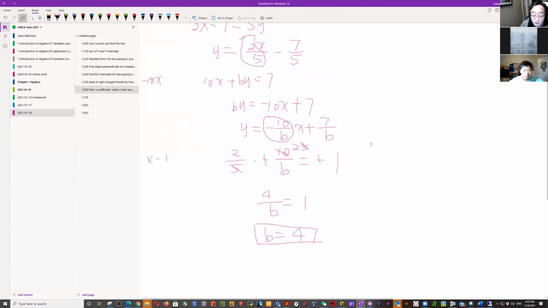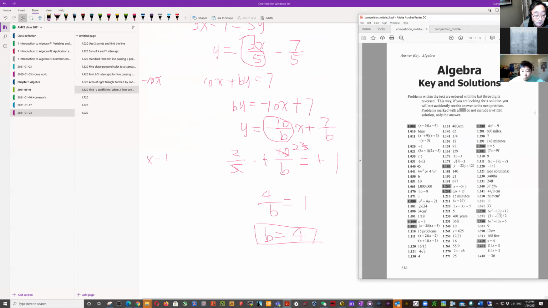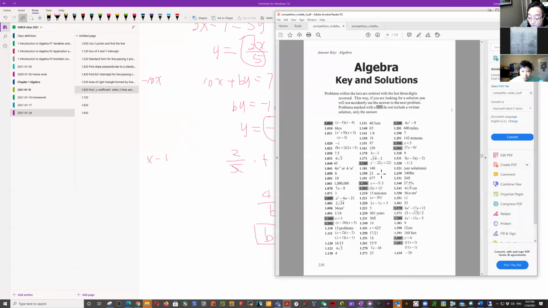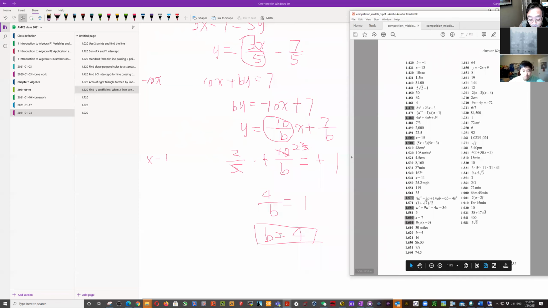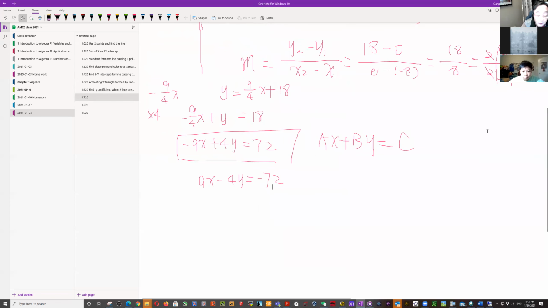Then let's do this. 1620, B equal to 4. Yeah, B equal to 4 is right. So basically that's the right answer.